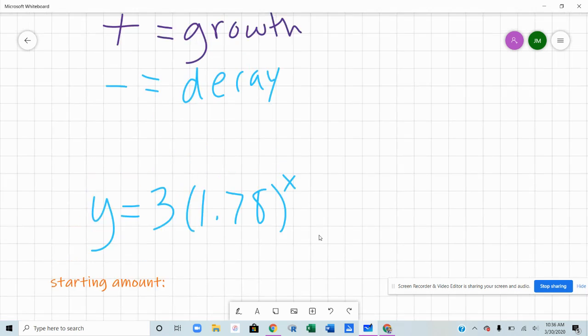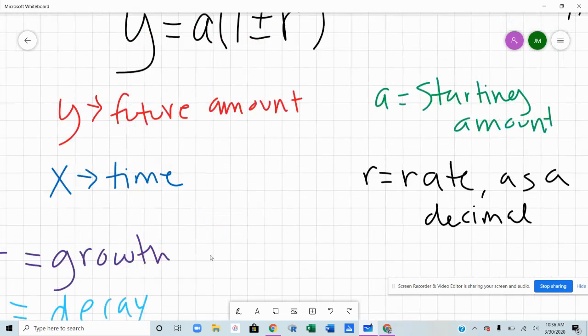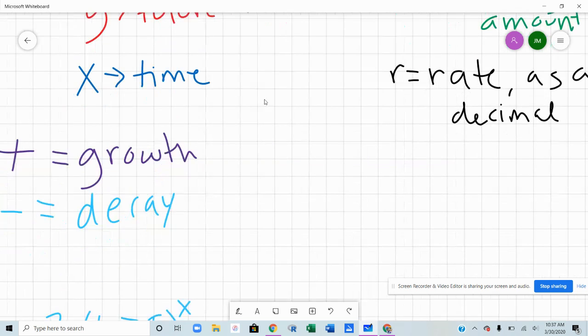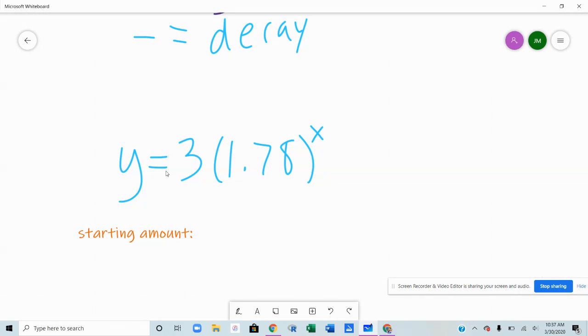If we come back to our equation information, the starting amount is a, which is the number in front of your parentheses, which in our case is the 3. So your starting amount is 3.